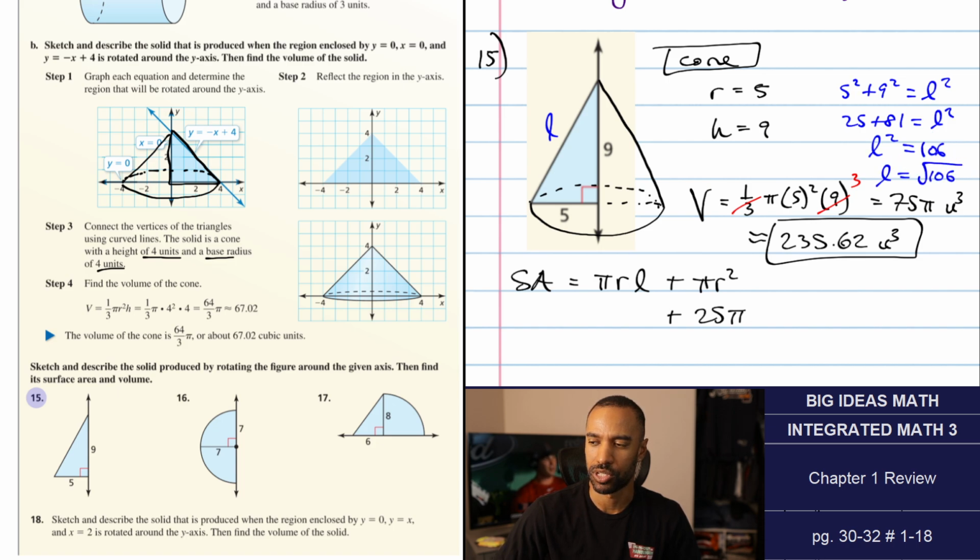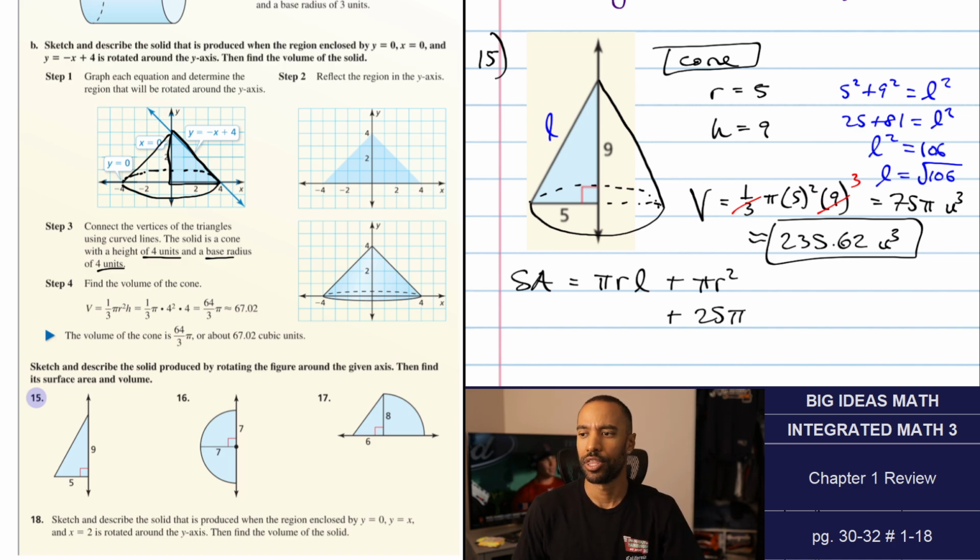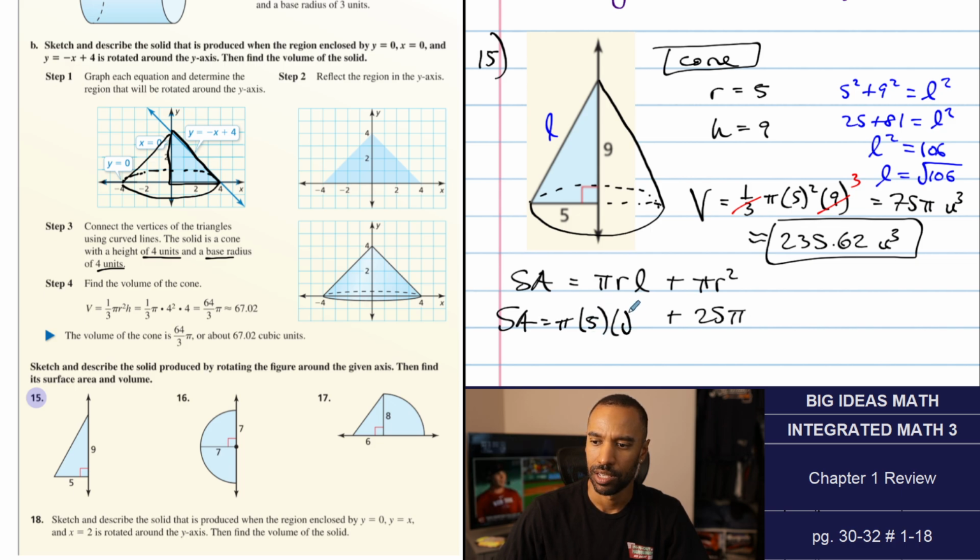So L is the square root of 106. It's not a prime number, but it doesn't. 2 and 53. I think 53 is prime, so I think root 106 is the best I'm going to get there. So surface area here will get pi times radius times slant height, like that.